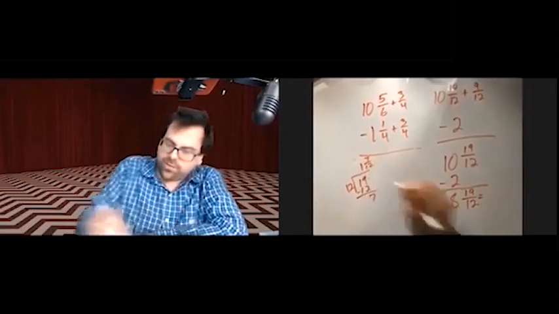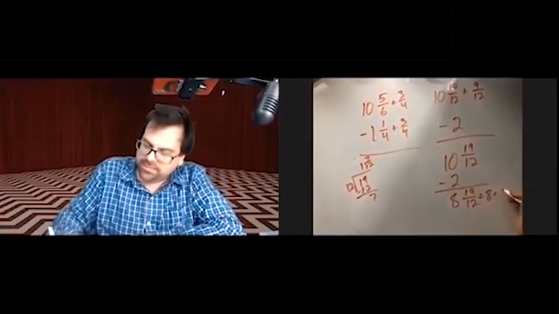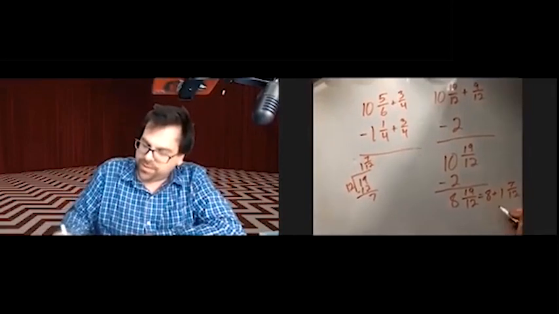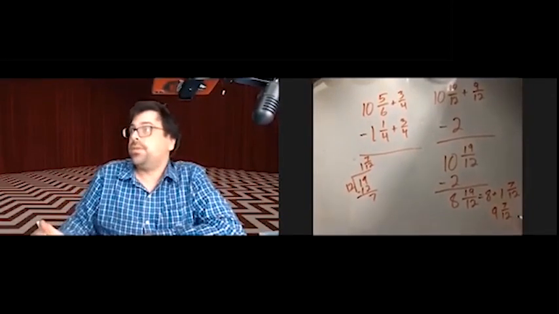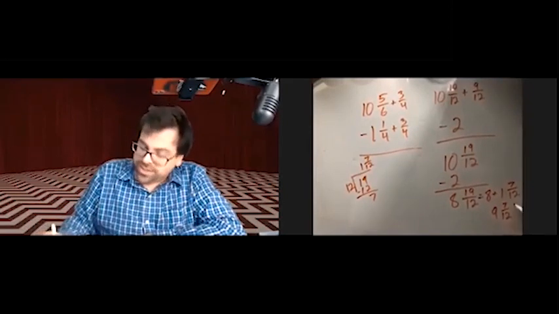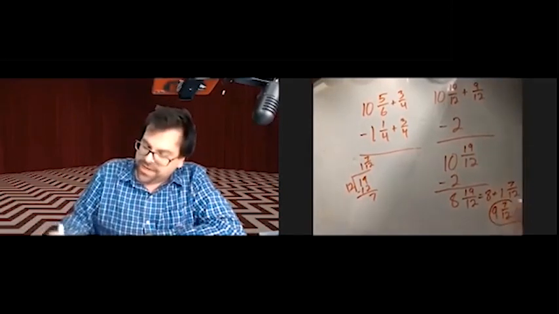That's 1 7/12. So this is 8 plus 1 7/12. That's 9 7/12. So now she has 9 7/12 feet.